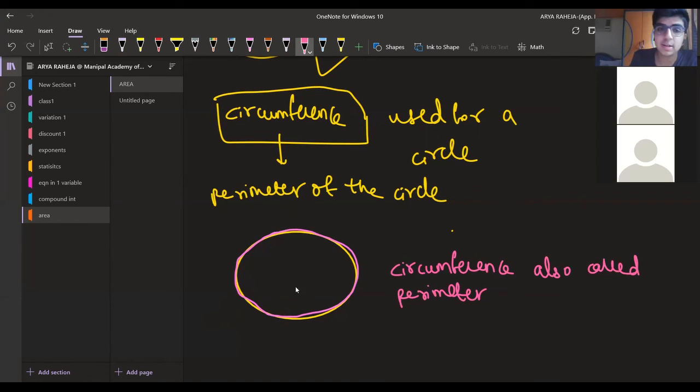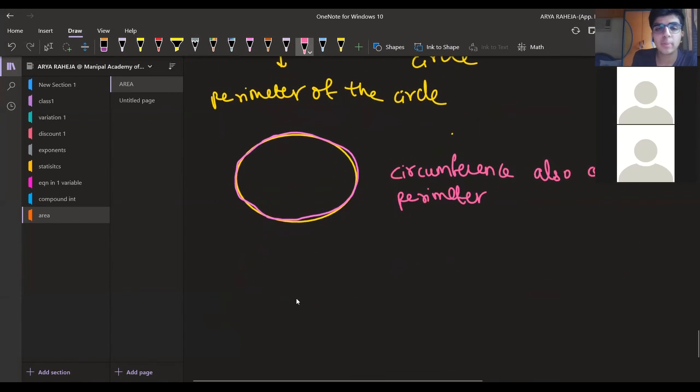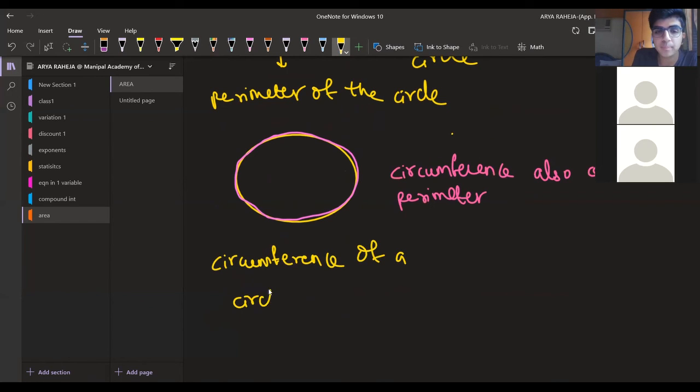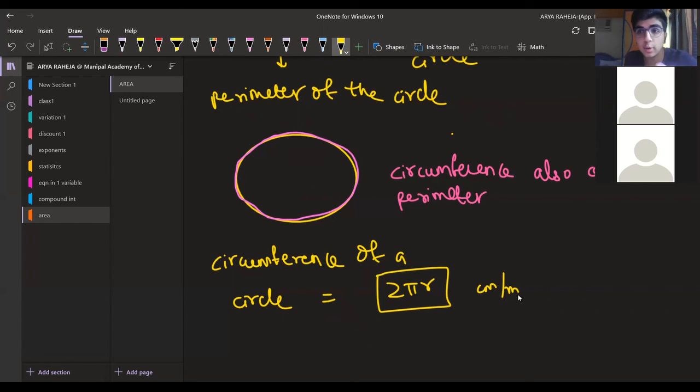So how do we find this perimeter? The formula is: circumference of a circle is equal to 2 pi r. This is the formula, 2 pi r, and the unit will be centimeters or meters. It will not be centimeter square or meter square here. It'll only be centimeters or only meters.